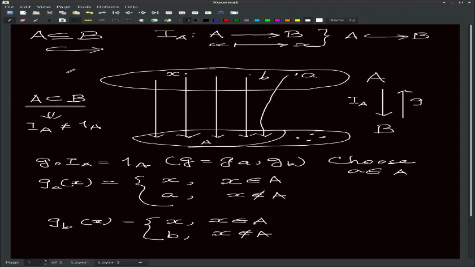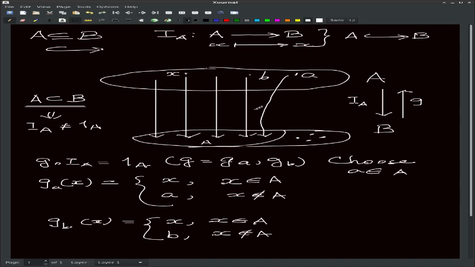So this is the identity map only in the case when A is equal to B. But when A is equal to B, there is only one choice for G, because there will be no such elements like these, so this place is empty.